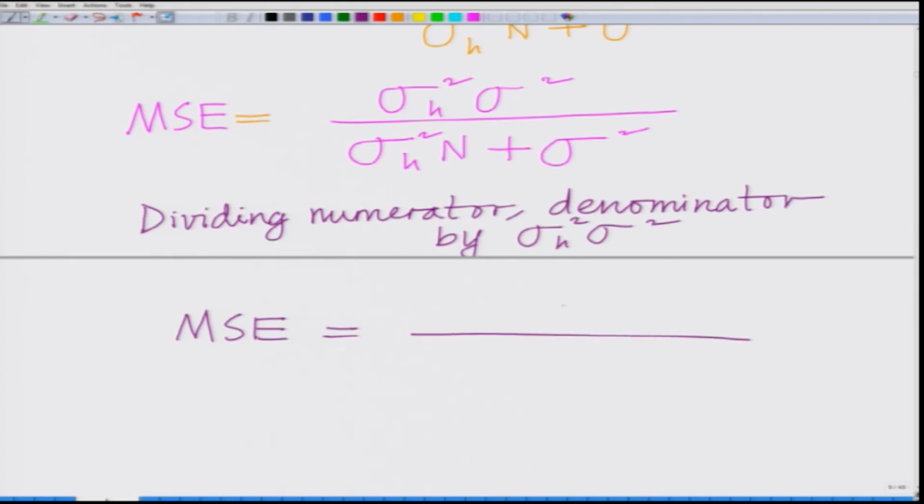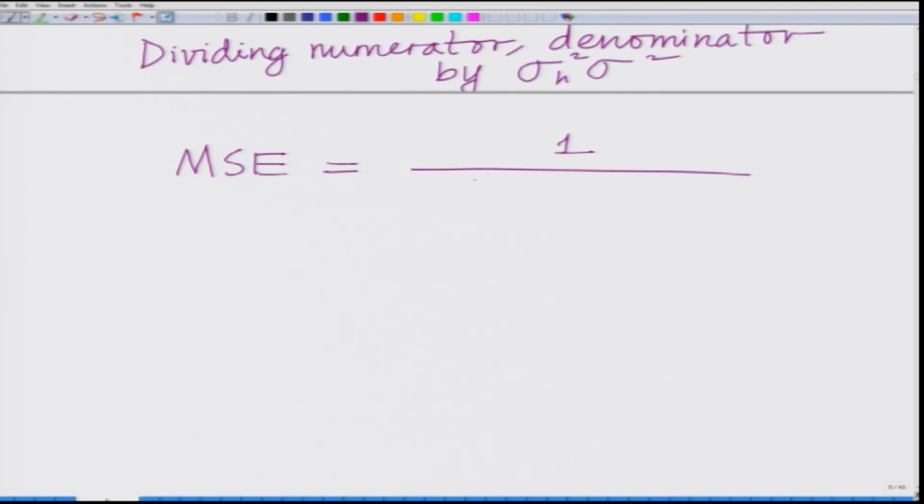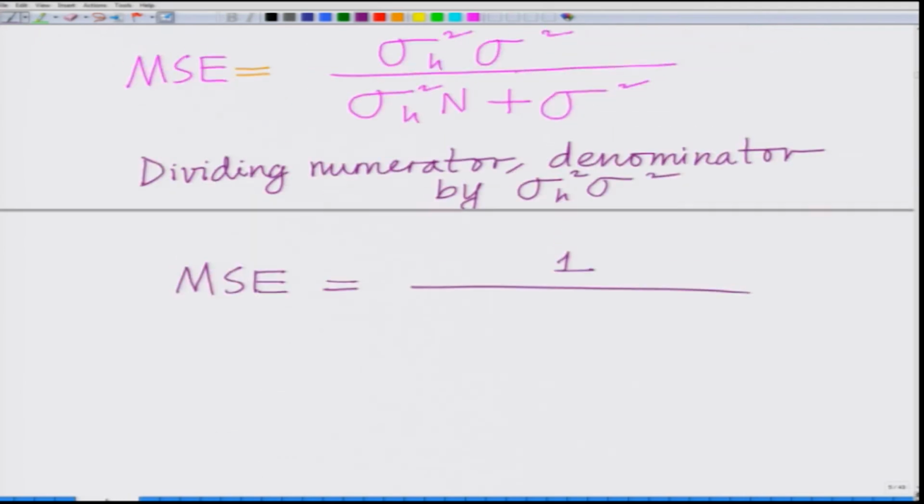Of course, once you divide the numerator by sigma h square sigma square, you have 1 in the numerator divided by sigma h square n divided by sigma h square sigma square. So, you have n divided by sigma square plus sigma square divided by sigma square sigma h square.